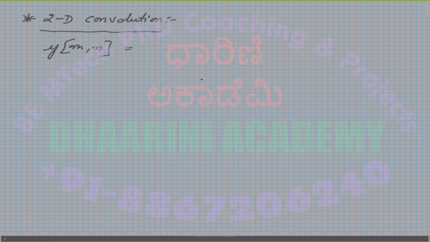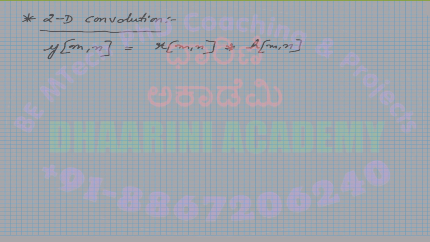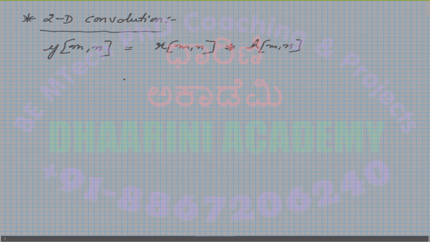This is equal to, how do I write, x of m comma n convolution h of m comma n. Previously there was only one variable, x of n, h of n. You convolve to get y of n because it is only one dimension, isn't it? Now it's different. That's why it's in this way. Now let us try to write. Since there are two dimensions, you need to write two summations.